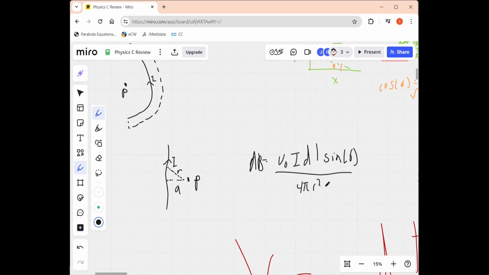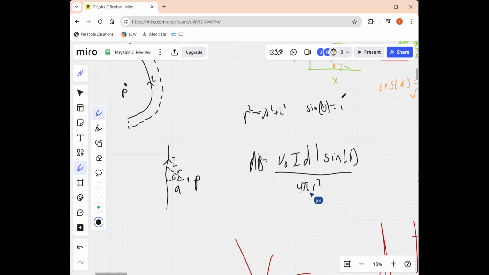So R is equal to, and so sine theta, I'm going to use this as theta.